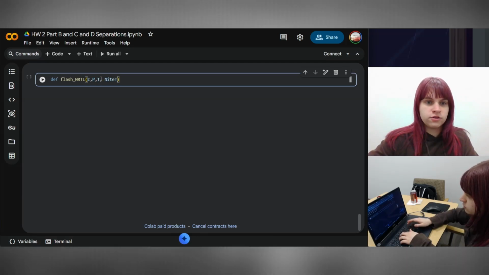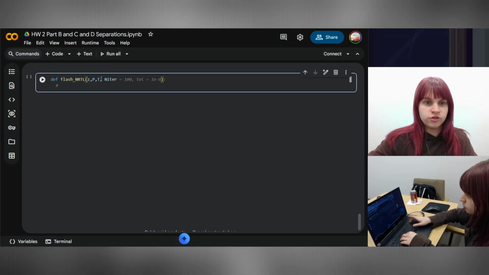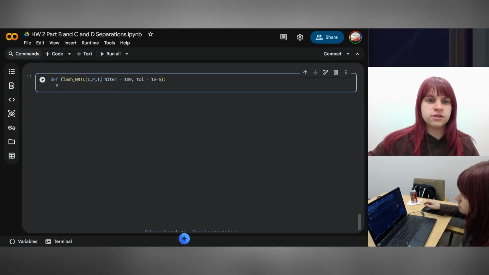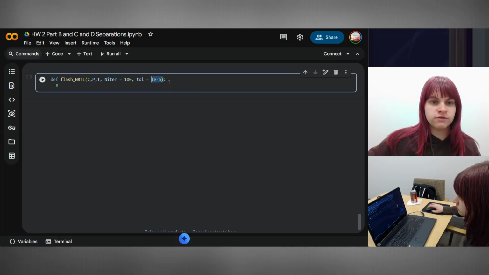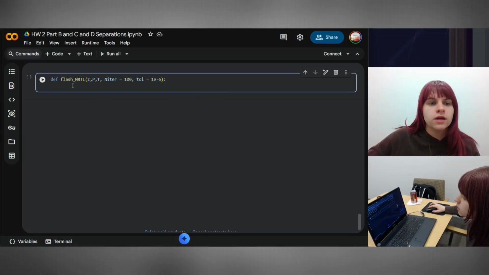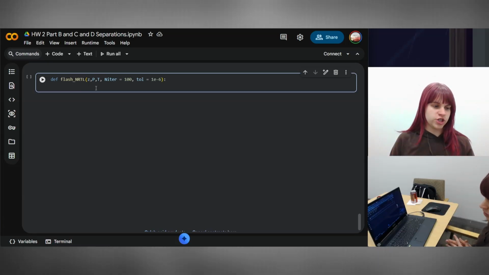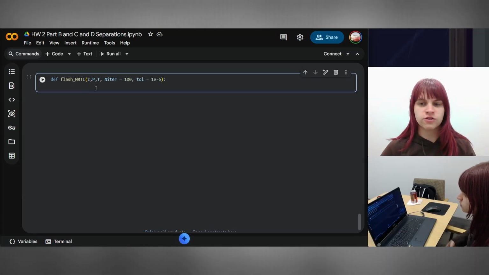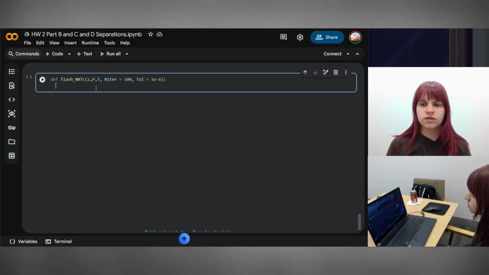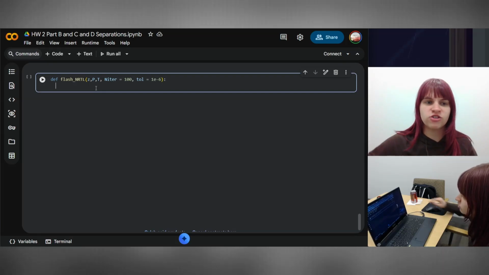We'll allow this to go through 100 iterations, and the tolerance will be relatively small. And essentially what this is going to do is it's going to solve for our phi, so our vapor over the feed, which is our vapor fraction, and then it's also going to solve for the liquid compositions as well as the vapor compositions.